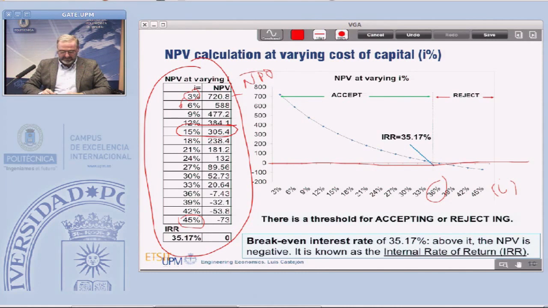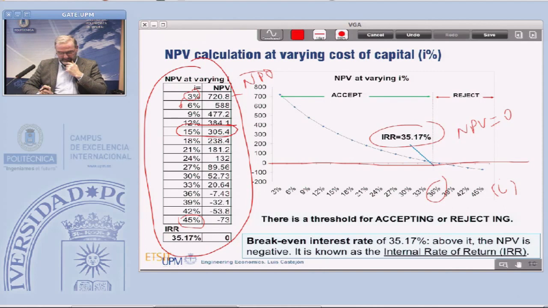Exactly, this happens at an interest rate of 35.17%. At this interest rate, the net present value of the project is equal to 0.